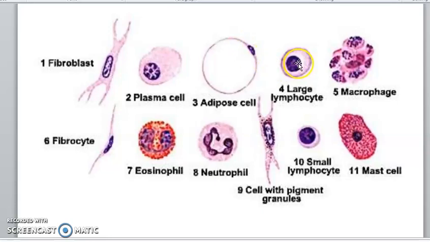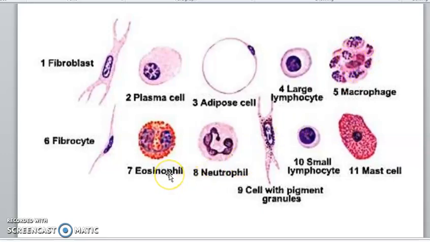Okay, look at a typical lymphocyte with a large nucleus at the central portion, macrophages with a horseshoe-shaped nucleus.